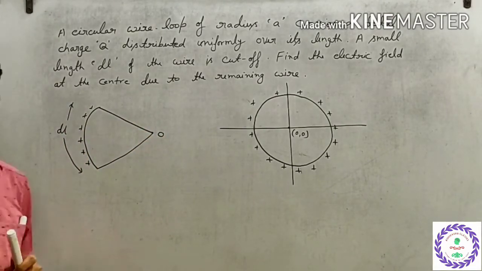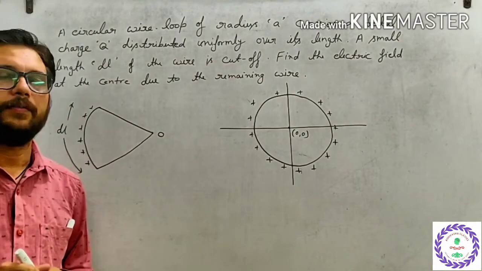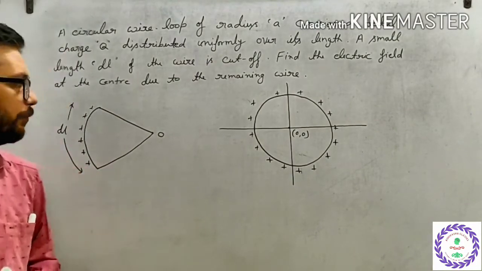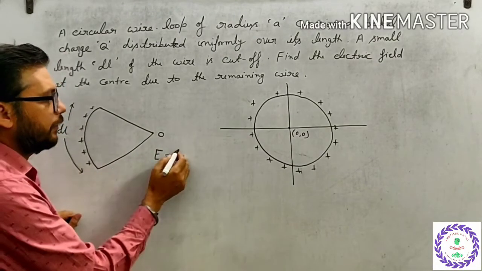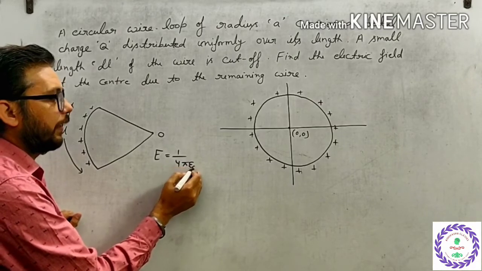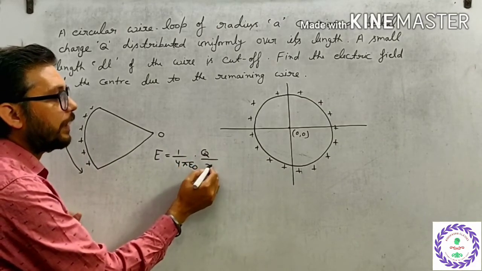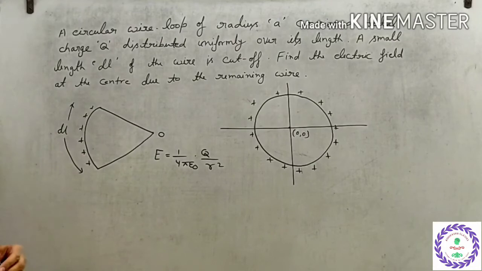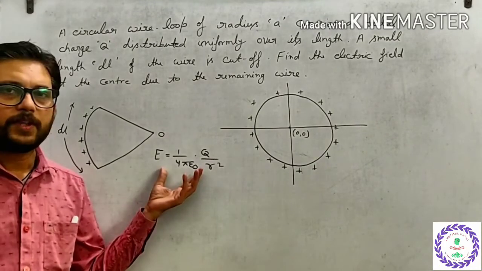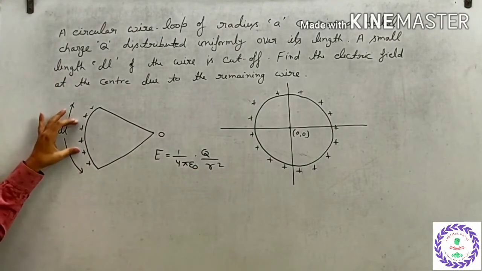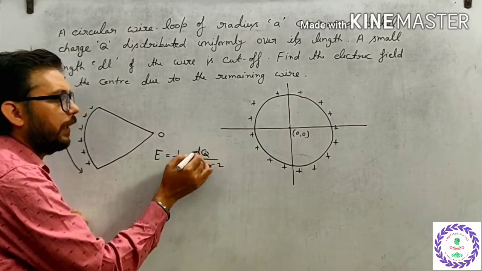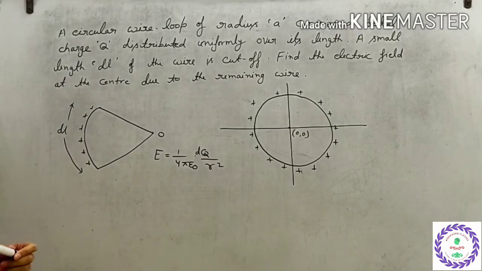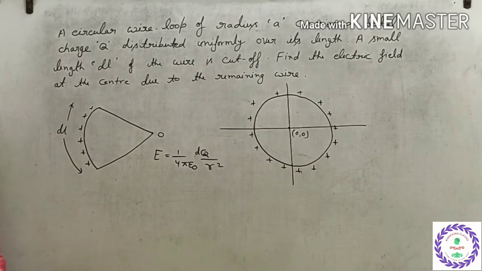So how will we find the value of the electric field? The concept is so simple. We have to apply the formula of electric field, that is 1 upon 4 pi epsilon naught, q upon r square. Because the element is small, the charge will be small, so in place of charge we take dq, the small charge of the small element.